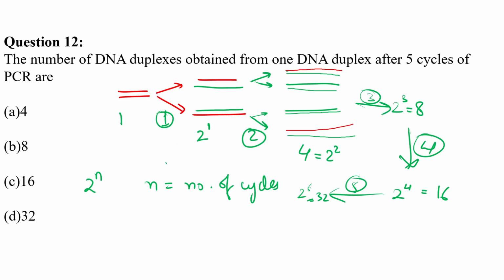Because the progression is 2 raised to the power n, if we start with one strand, we can get a large number of strands after n cycles. If n is equal to 10, we will get 2 raised to the power of 10 DNA duplexes. That is how the amplification happens.